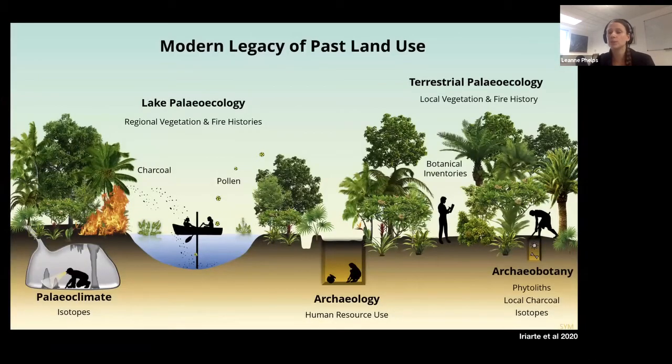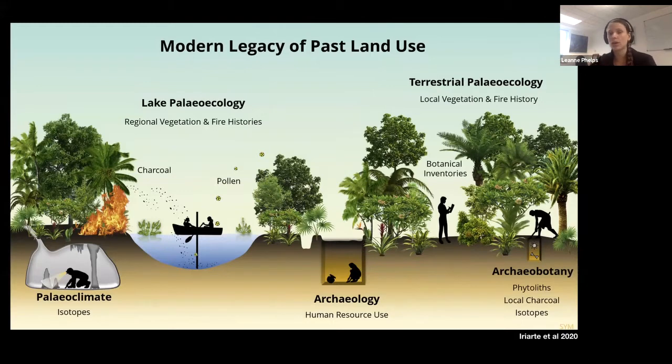There was a recent publication that demonstrates some of the different types of paleo records that can be used to look into changing land use and land cover change. These include paleoclimatological studies, so isotopes from cave deposits. We have pollen cores, so sediment cores that come up from the bottom of lakes.